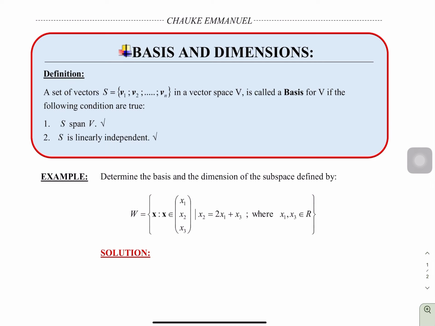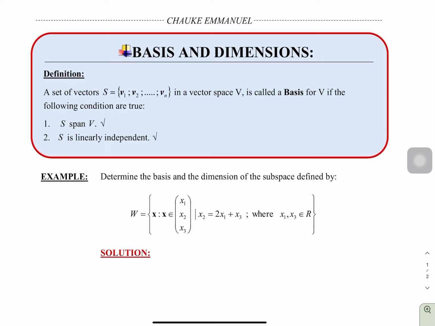All right. So number two, we are saying S is linearly independent. Those are the two conditions which you must prove in order to form a basis of a particular subspace in a subset.